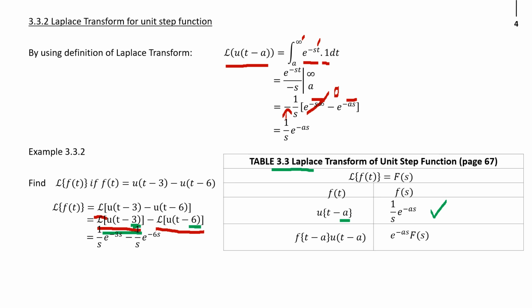Therefore, the Laplace transform is 1 over s e to the negative 3s minus 1 over s e to the negative 6s. We apply this property where our a is 3 and another one is 6.